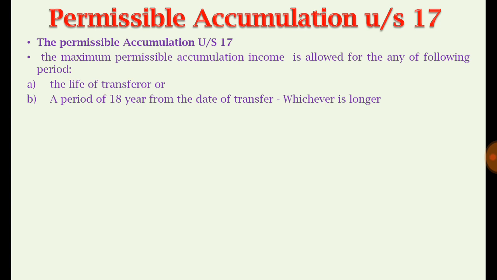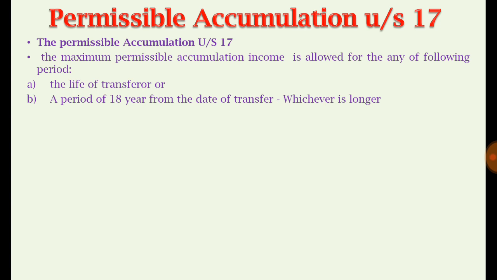But in case the transferor dies within 3 or 4 years, in such circumstances the accumulation period will be 18 years from the date of transaction. So whichever is the longer period, that period will be the permissible period for accumulation.